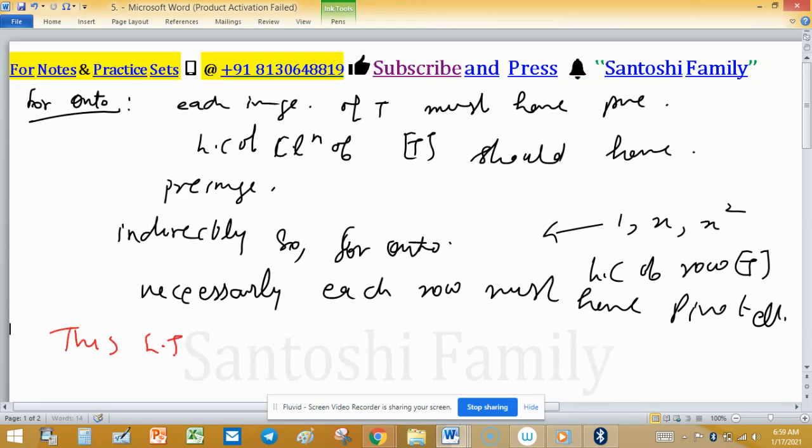This linear transformation T is not onto. It means option B is discarded here.